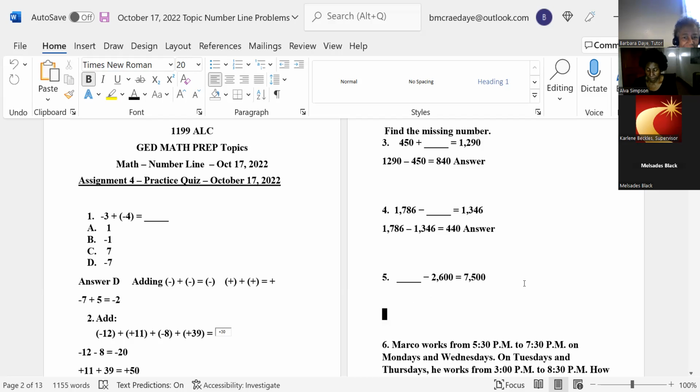That's it. When you put it in money, you see how you understand it? Because if you gave somebody $2,600 and you were left with 7,500, you must have had more than 7,500. So you take that 7,500 and add the 2,600.